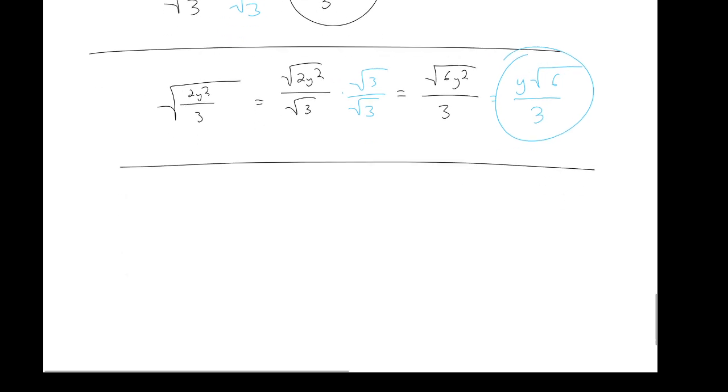Okay. We can do the same thing with cube roots for the record. 5 over the cube root of 4. Well, the way we get rid of that is we're going to multiply by something that's going to make it where we can get rid of that cube root of 4, okay?